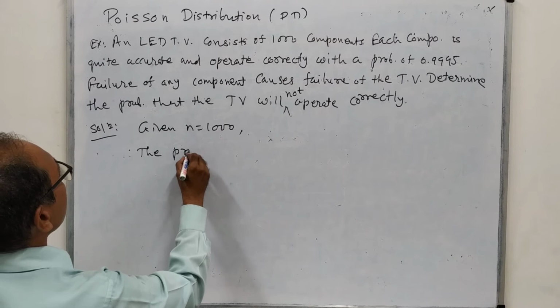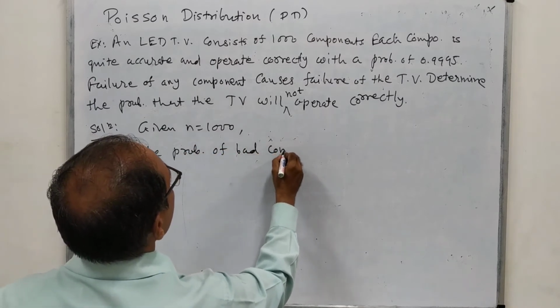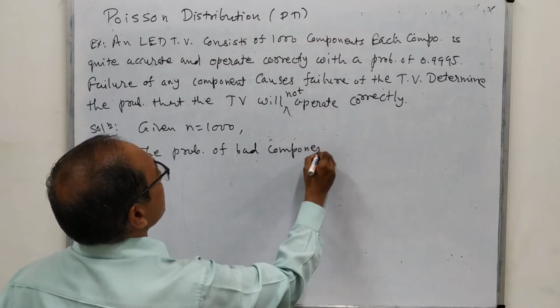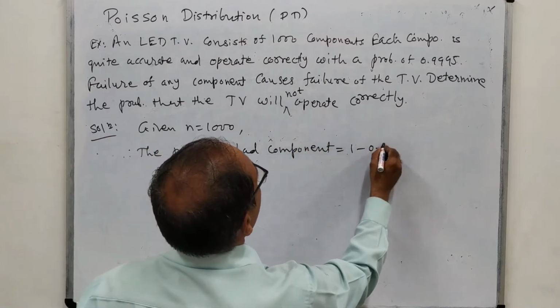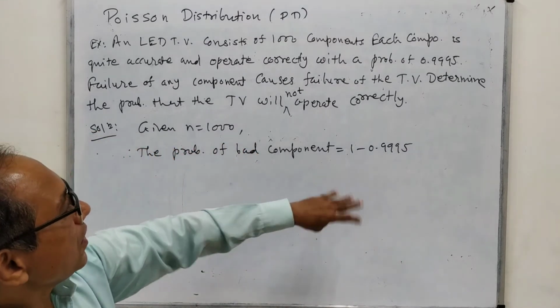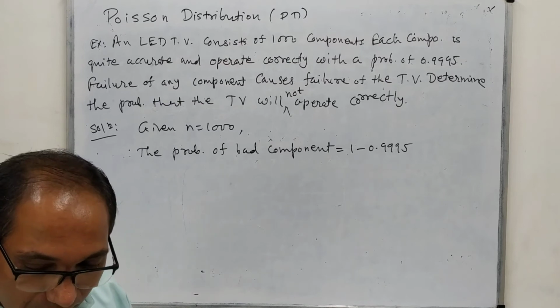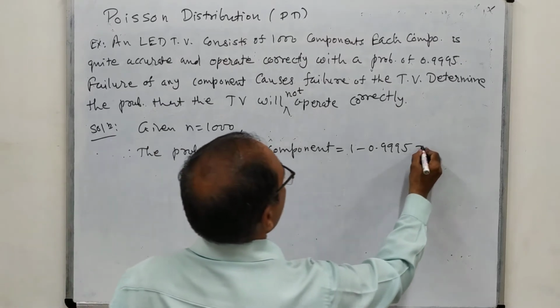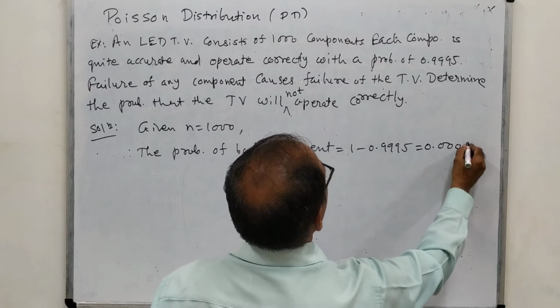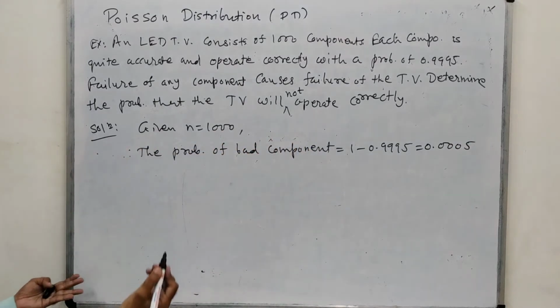So the probability of a bad component, that means non-accuracy, is 1 minus 0.9995, and this is nothing but 0.0005.